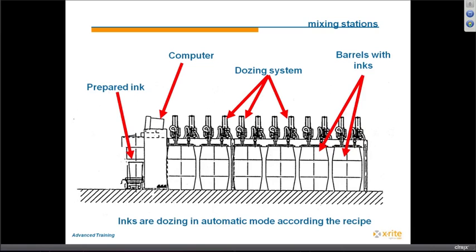So, this mixing station, as I said, is quite important to have for companies who are using a really huge amount of inks. The mixing station is nothing more than barrels with basic inks, and some pumps which pump the inks in proper quantity, and then it goes to the barrel where the final recipe will be assembled.